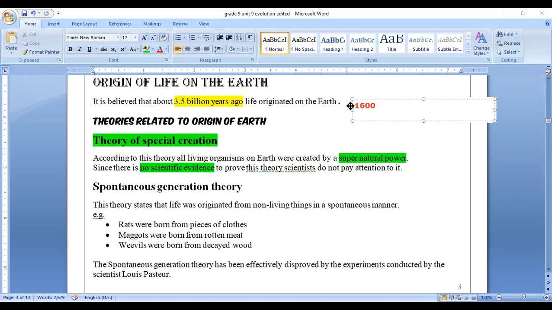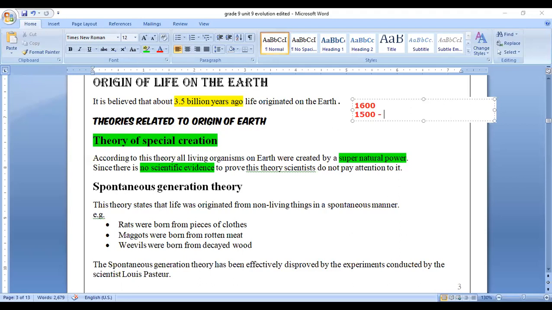Only after that did science start to believe that microorganisms are there. And if you went and told people in 1500 that there are microorganisms, they would ask, what is it? Show me scientific evidence.